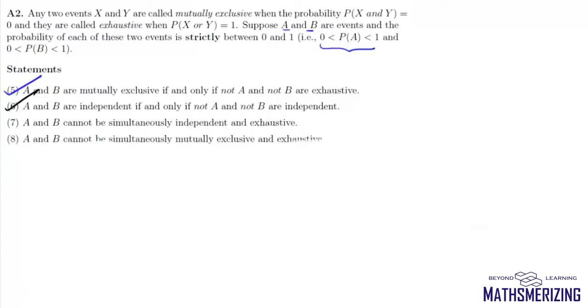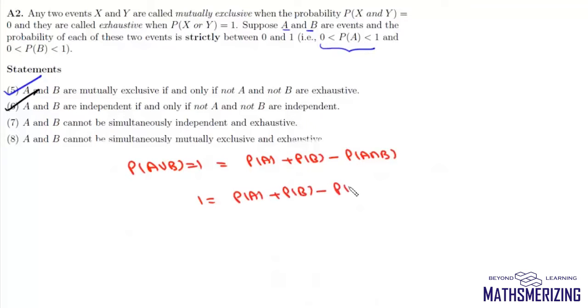Now this seventh one is A and B cannot be simultaneously independent and exhaustive. Now suppose A and B are exhaustive. That means probability of A union B is 1. And if probability of A union B is 1, we can write P(A union B) as probability of A plus probability of B minus probability of A intersection B. Now if A and B are independent, we can write this as 1 equals PA plus PB minus PA into PB, and we can factorize this as 1 minus PA into 1 minus PB, it is equal to 0.